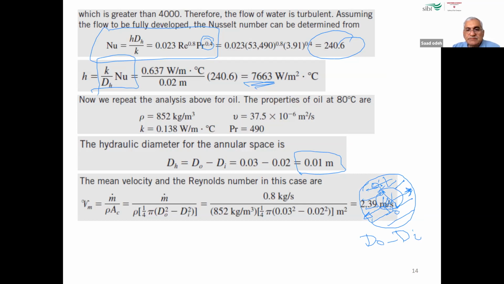Same thing we're going to do here for the velocity, because we need to find the cross-section area. The cross-section area is the area of the oil, the annular space, which is the space shown here in red. So this is the space that we need to find.